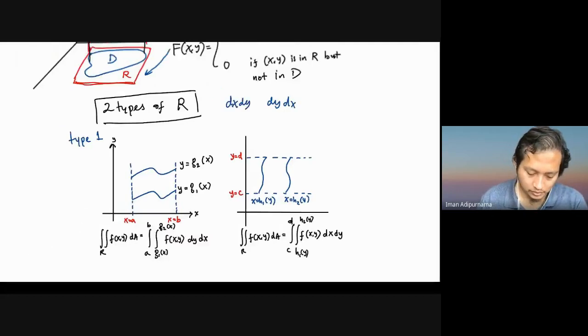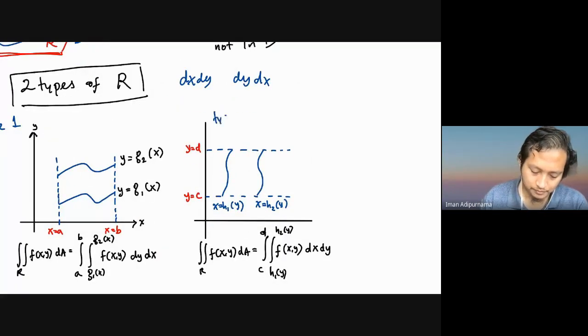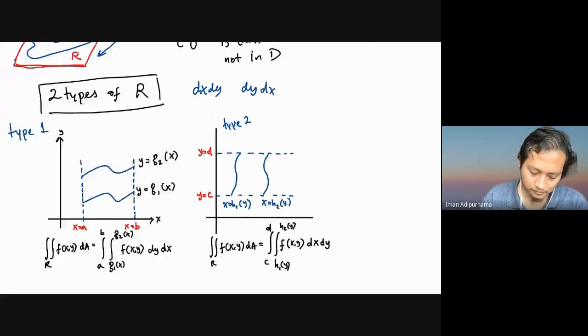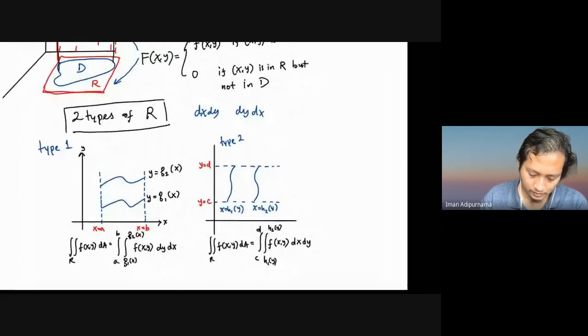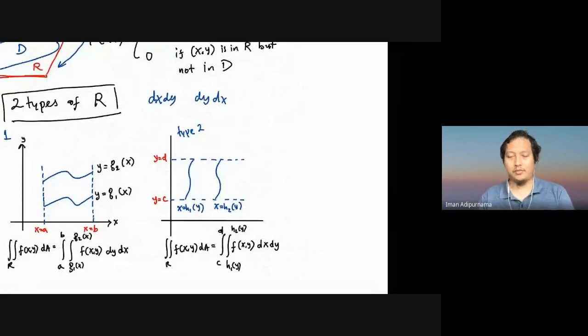Okay, so this is type 2. So type 2, we have functions of y, and type 1, functions of x, okay?